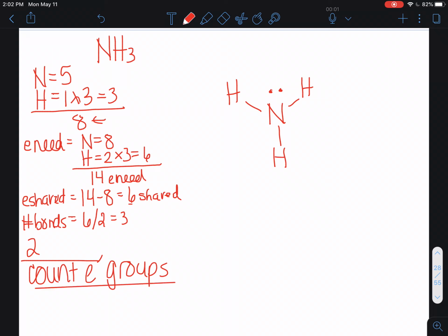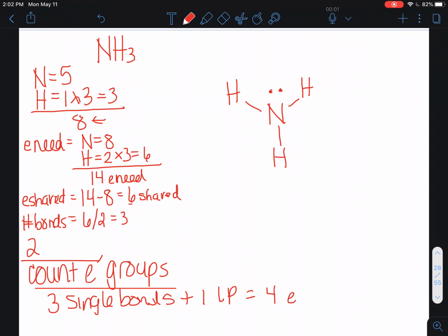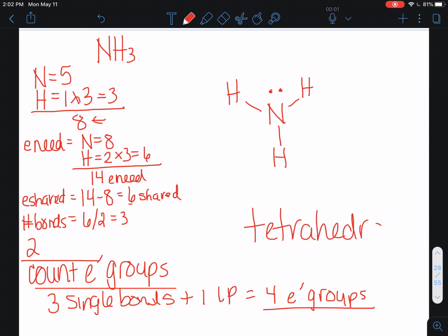We have 3 single bonds and 1 lone pair, for a total of 4 electron groups. 4 electron groups put us into the tetrahedral category for 3D shape.